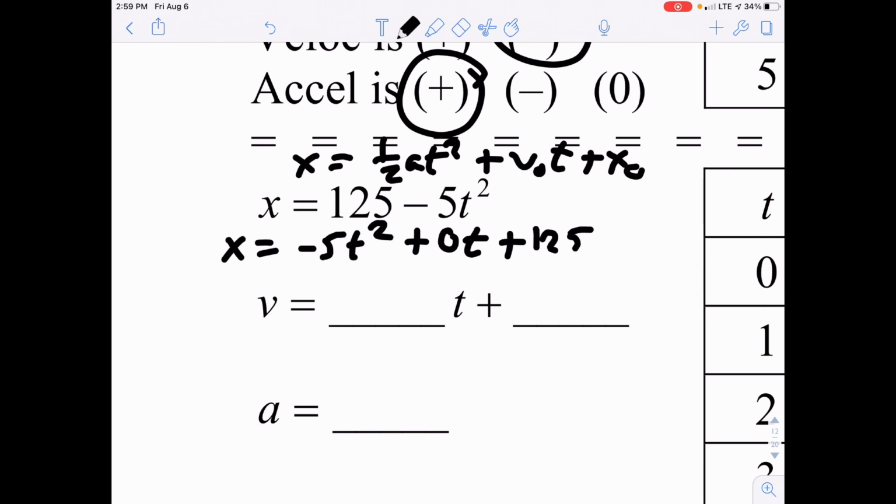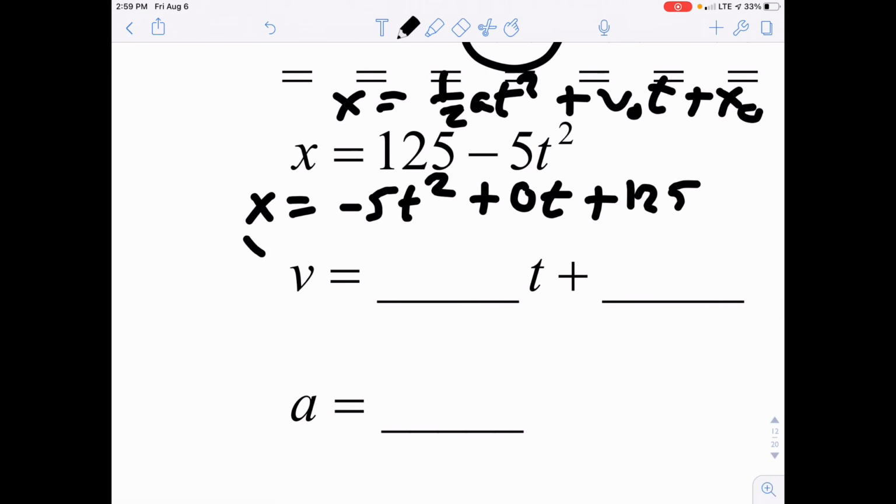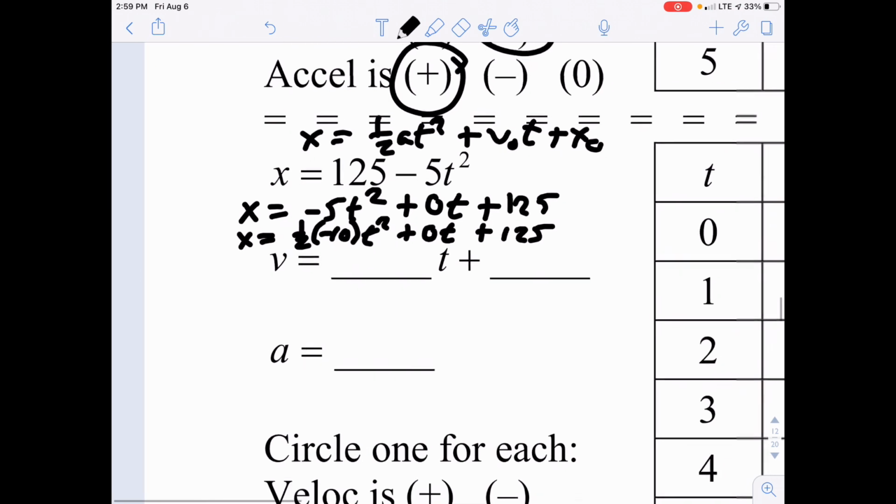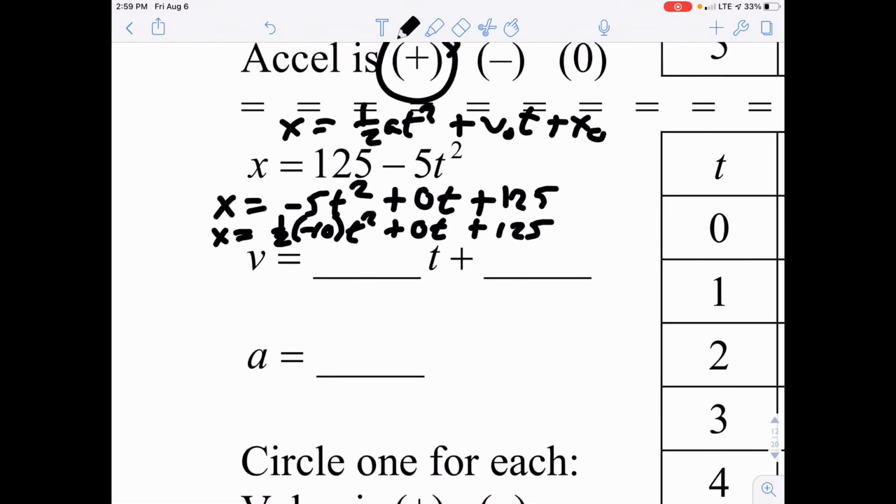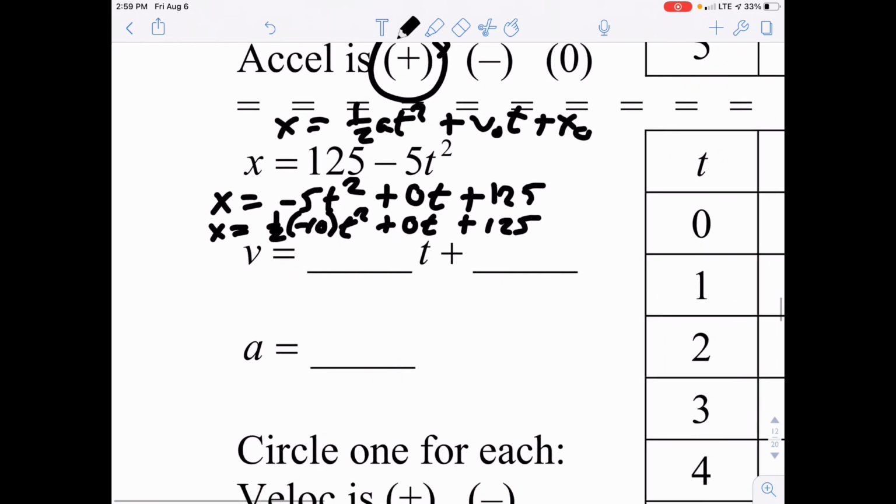Okay. What are my terms? I should be able to write this as 1/2 of negative 10 t squared plus 0t plus 125. Now, what does that help me with? Over to the side, let's write some values here. Acceleration is going to be the term after 1/2 and in front of t squared.